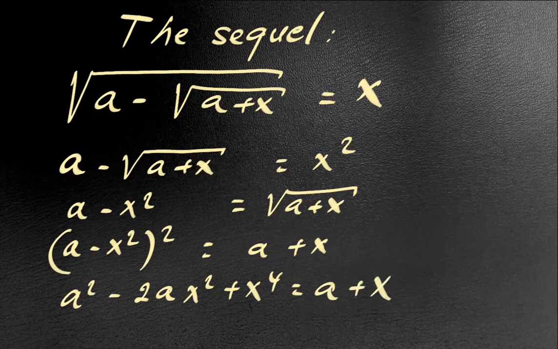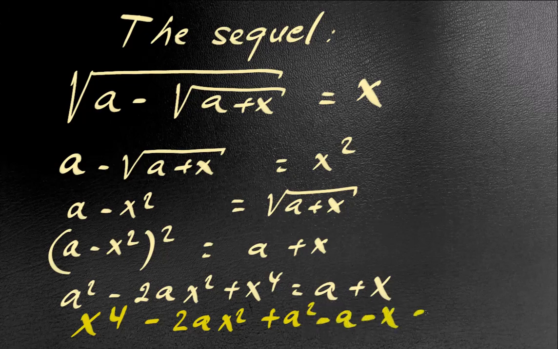We get an equation of power 4 here: x to the power 4 minus 2a x squared plus a squared minus a minus x is equal to 0.